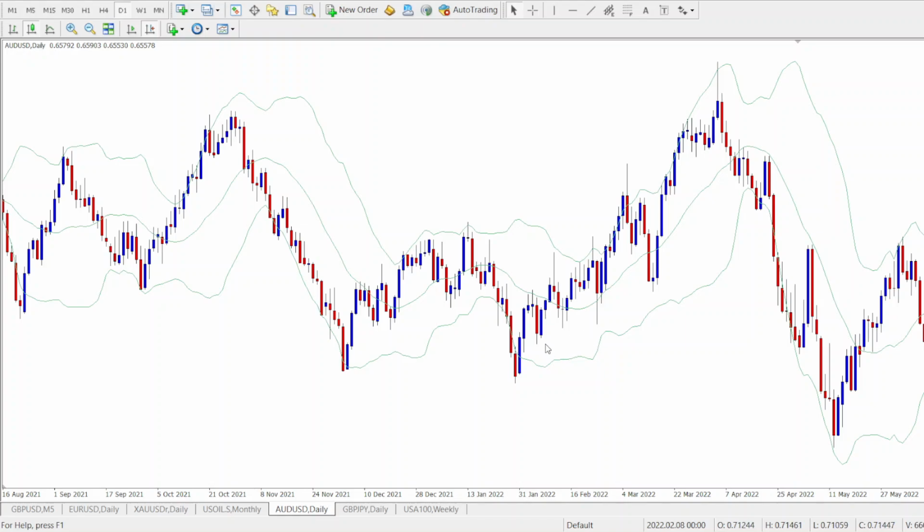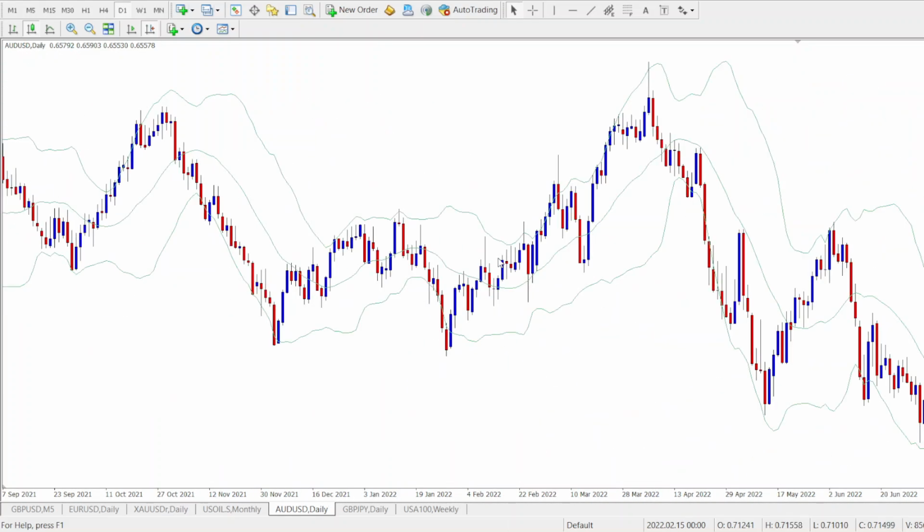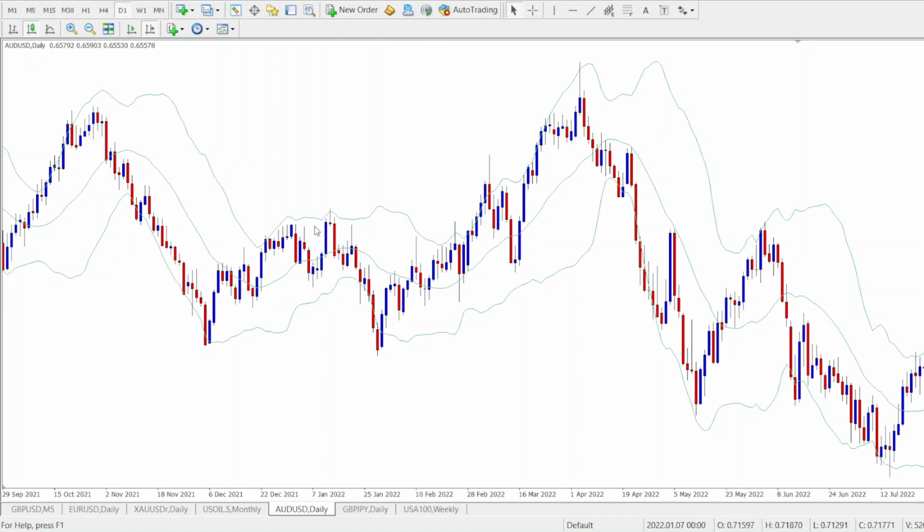Now, when the price moves close to the upper band, it may indicate that the asset is overbought. As we can see, we had multiple rejections when price got to the upper band. When price got to the upper band here, we had a pullback. Here again, we had a pullback. Here again, we had a pullback.